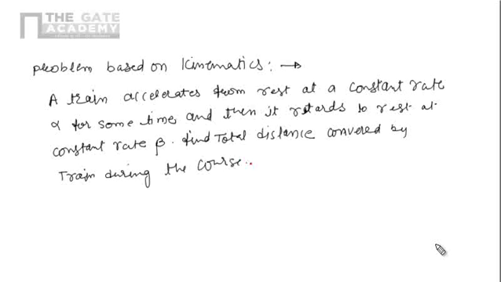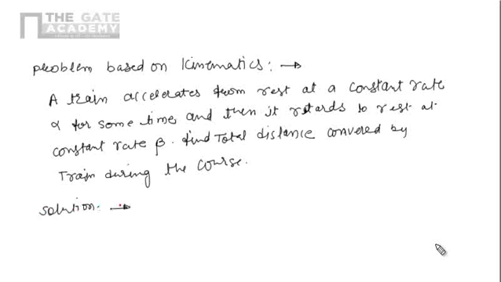So here I will again repeat the problem. Here a train accelerates from rest at a constant rate alpha for some time, and after that it retards to rest at a constant rate beta. We are interested in the total distance covered by the train during this course. So let's solve this problem.